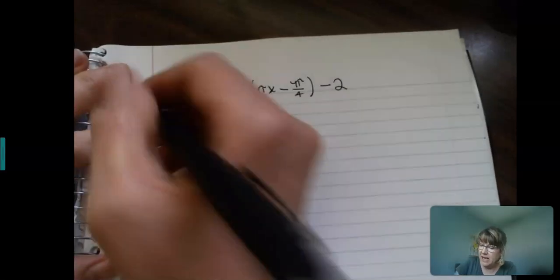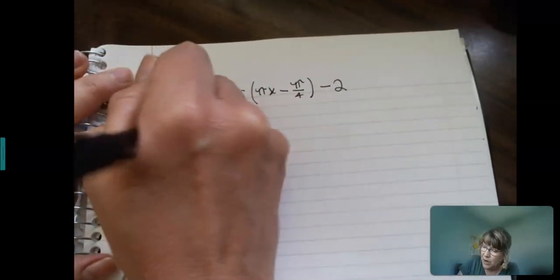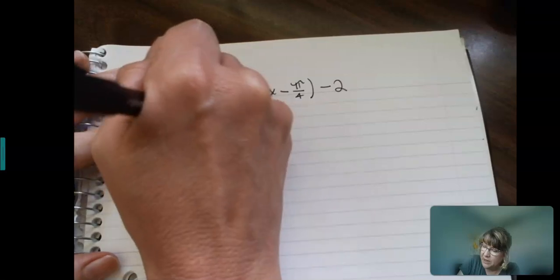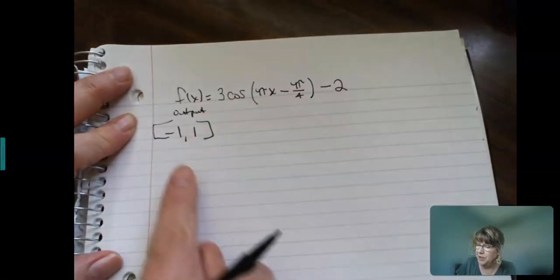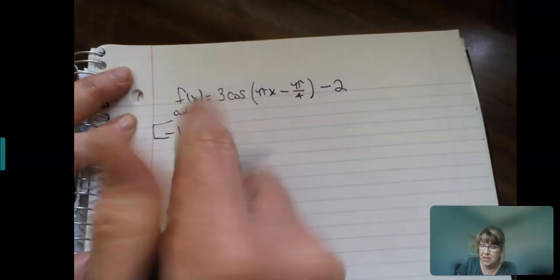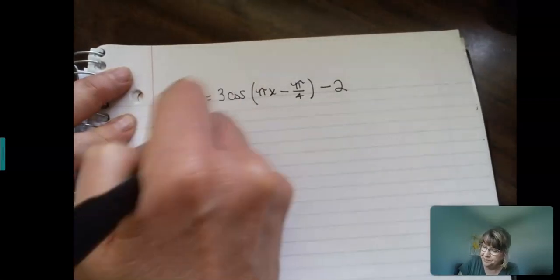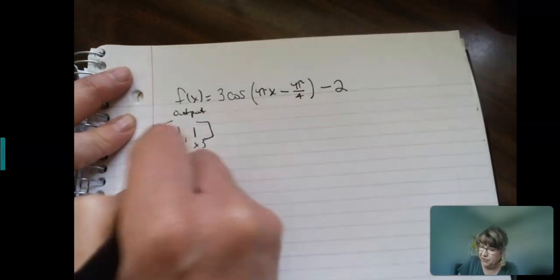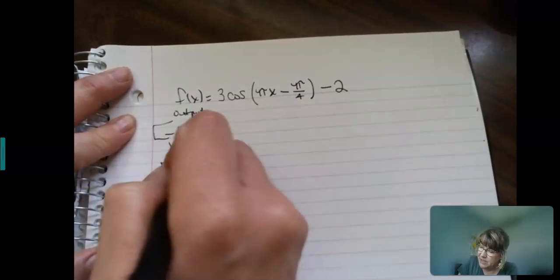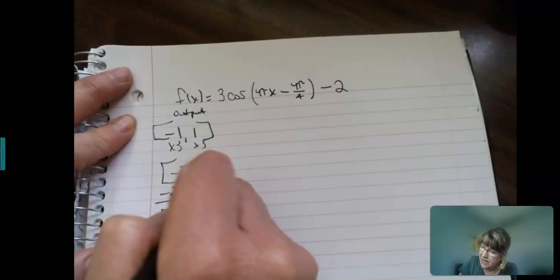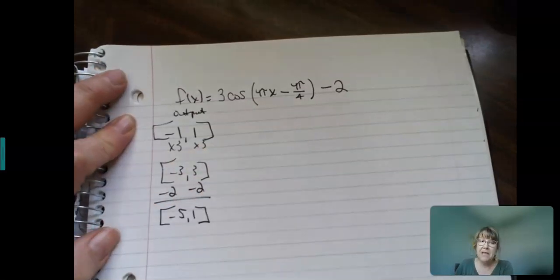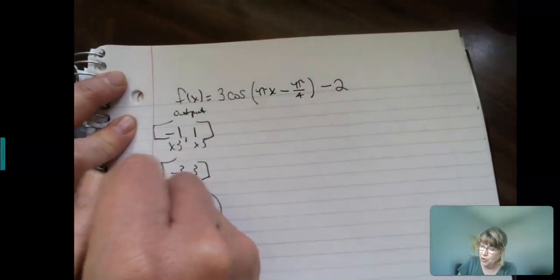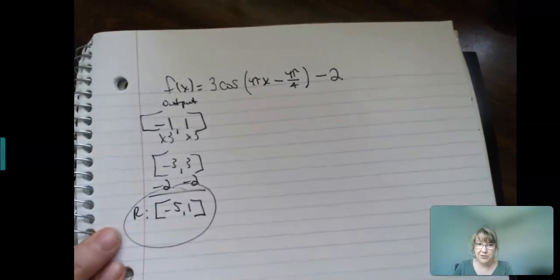All right, again, I like to start with my range, so I like to deal with output first. Output is normally -1 to 1. I have 3, so -3 to 3. And then I am shifting it with a vertical shift. What is it? The range is -5 to 1. Now this is your new range after the transformation.